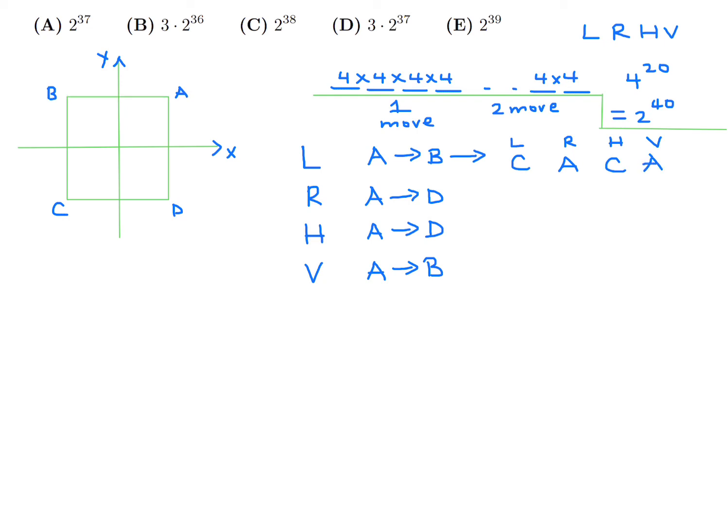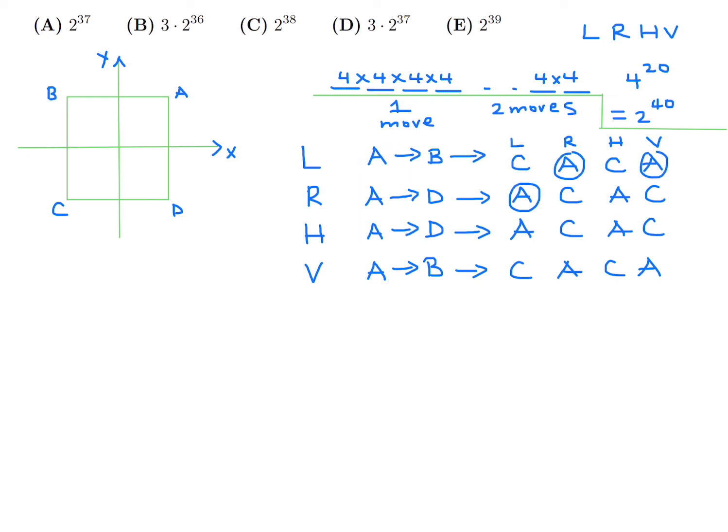Okay. So in a very similar way, I'm not going to talk you through every single one. I'll just let you figure this out for L, R, H, V. D would go to A, C, A, C. And then again, it's the same D, so A, C, A, C. And then B, we already did C, A, C, A. So after two moves, notice that this original A ends up at A half of the time.